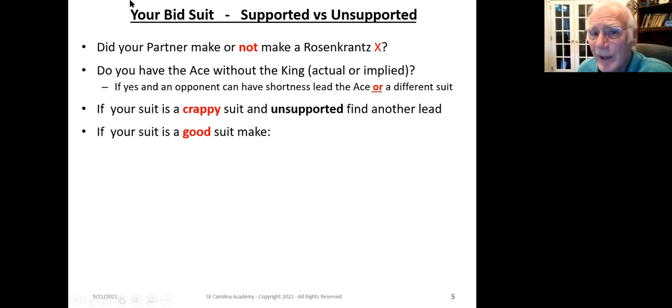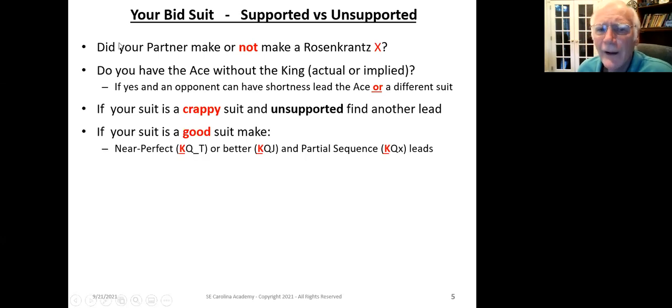Okay, if you've got a good suit, we're going to come back and use the same philosophy that we used in No Trump. We're going to make a sequence-based lead, a power lead.